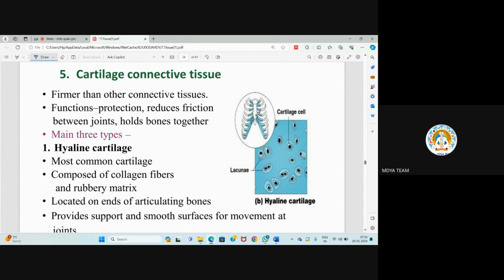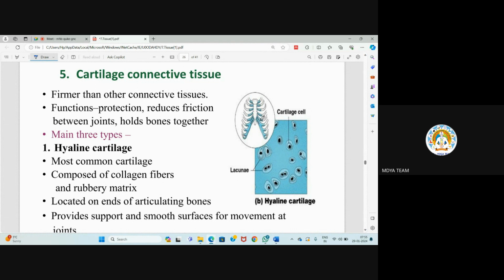So these cartilages are joining ribs to sternum. Like this, in our body we can see so many cartilages, like in our ear, like in our nose. We can feel the cartilages. Just touch your ear, you can feel how the cartilage is.